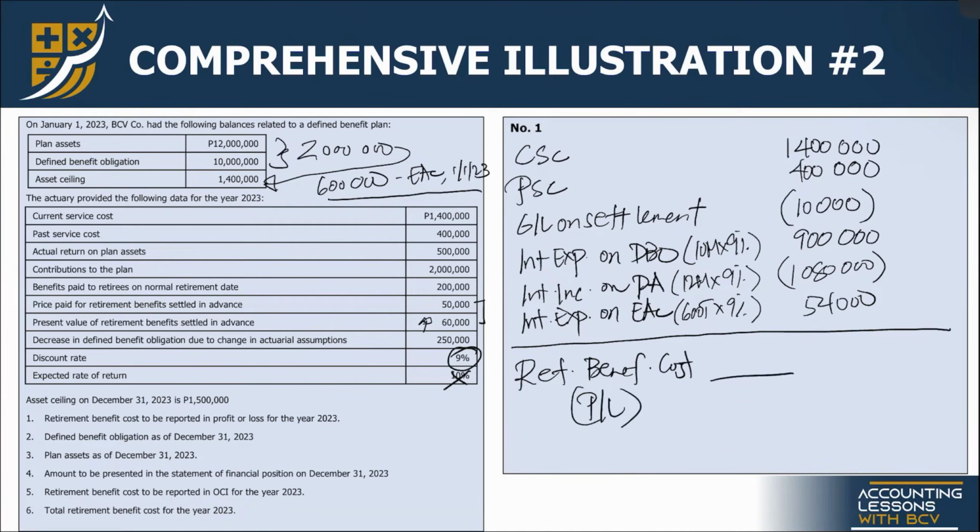Summarize. Sige, go. Answer, 1,664,000. That's the answer for number 1. Okay?